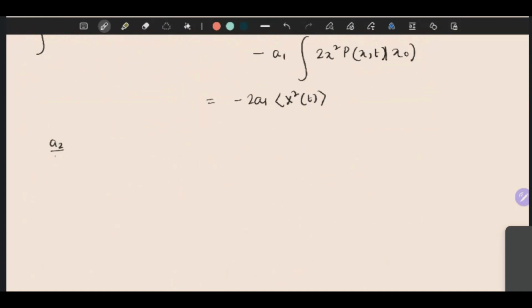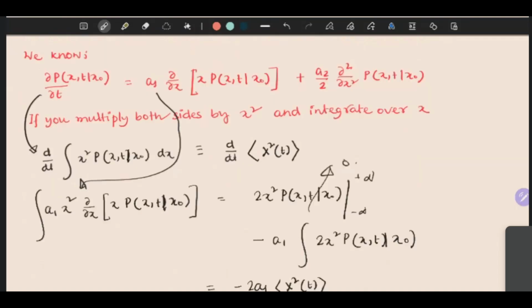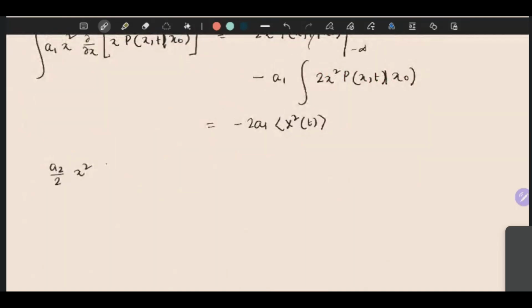Now this one, a2 by 2 x square del 2 del x2 p of xt x naught.